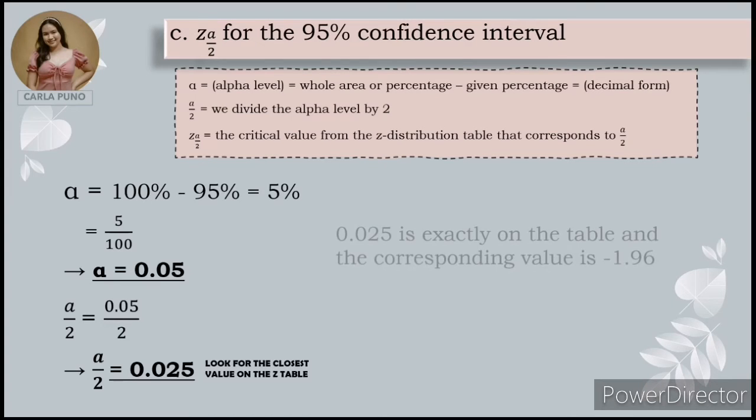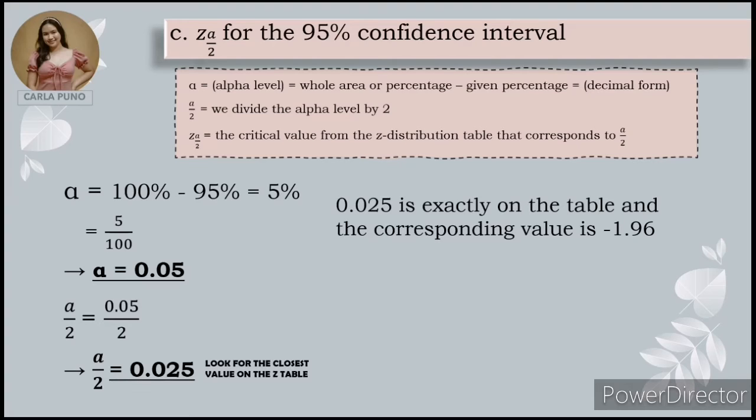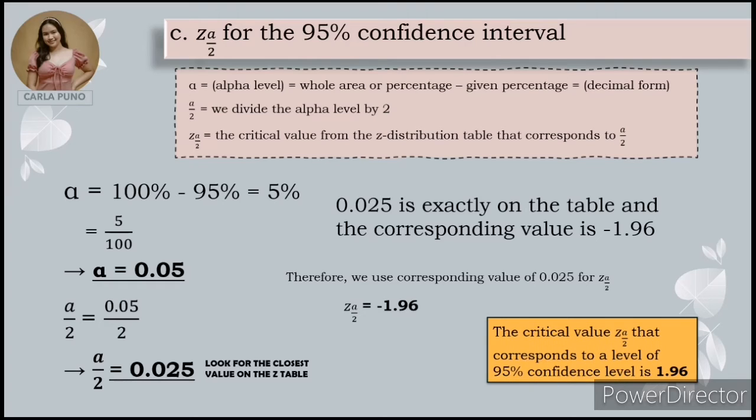Back to our problem, based on our table, 0.025 is exactly on the table, and the corresponding value is negative 1.96. Therefore, we use the corresponding value of 0.025 for our z sub alpha divided by 2. Therefore, we have negative 1.96. And our answer will be the critical value z sub alpha divided by 2 that corresponds to a 95% confidence level is 1.96.